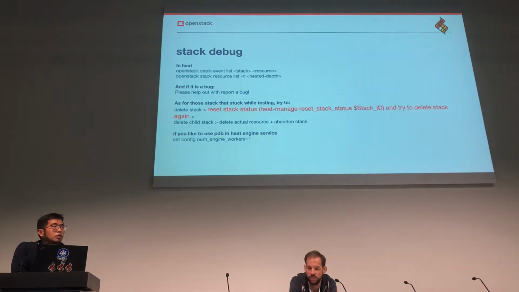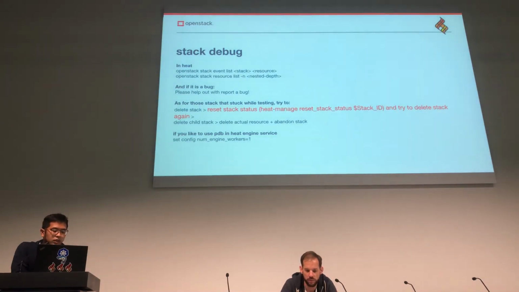And when something really fails, if you want to delete a stack, sometimes it might help to try to delete it again, because we don't control the entire cloud, but it will help sometimes.